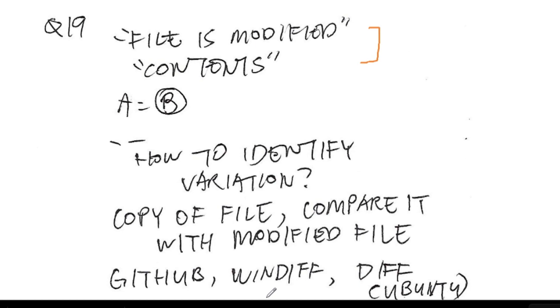The other tool that we can also use aside from GitHub is WinDiff, and I think I remember using something like this too for Windows. Linux, like Linux Ubuntu, has also another version of WinDiff, which they simply call diff, and in that way you can know which parts of a file have been changed.